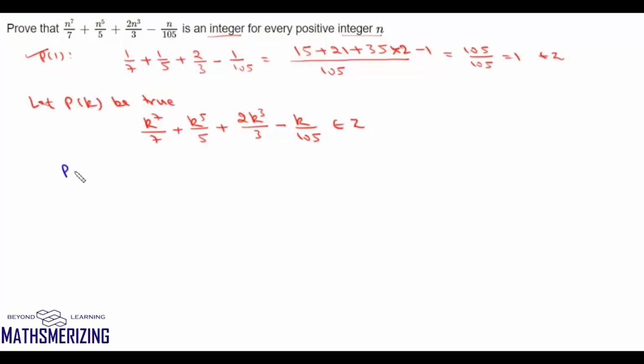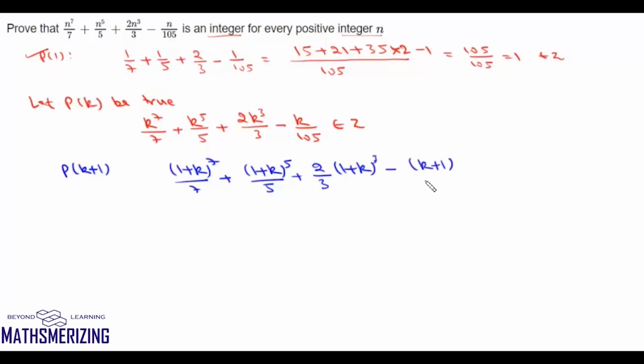Now for Pk plus 1, we'll write this expression as 1 plus k to the power 7 upon 7 plus 1 plus k to the power 5 upon 5 plus 2 upon 3 into 1 plus k to the power 3 minus k plus 1 upon 105.